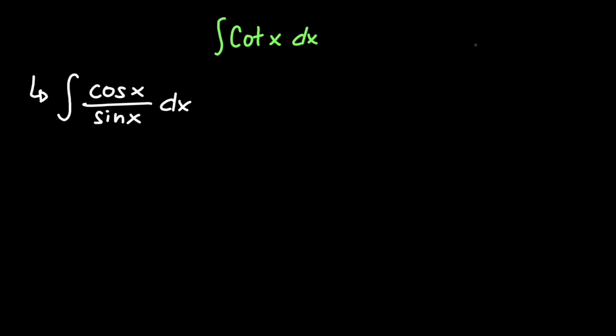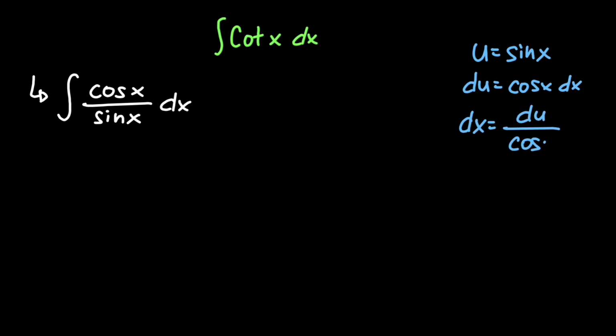And so, let u here in this case be sine of x. The derivative of sine of x is cosine of x, and multiply this by dx. The value of dx right here now would be equal to du over cosine of x.